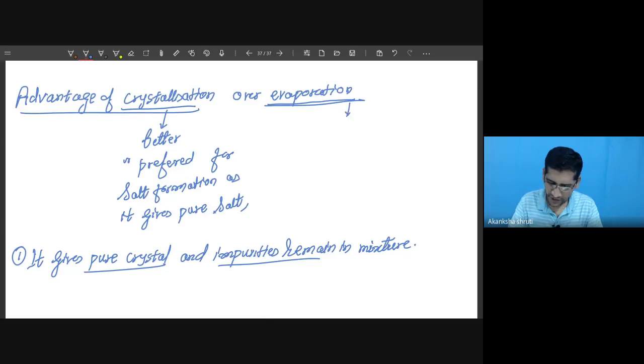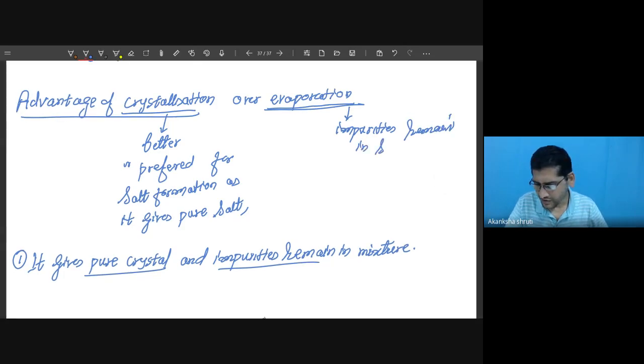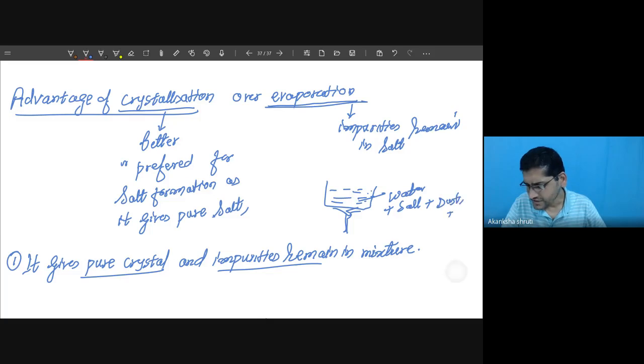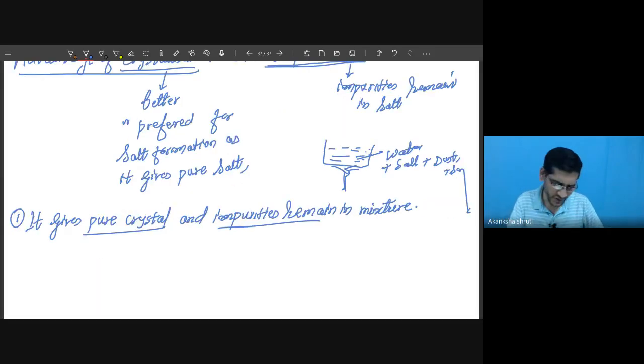But by evaporation, what has happened? The impurities also remain in the salt. How? Say you are heating the water with a burner. This is water plus salt plus some dust particles or sand particles. What is going to happen?